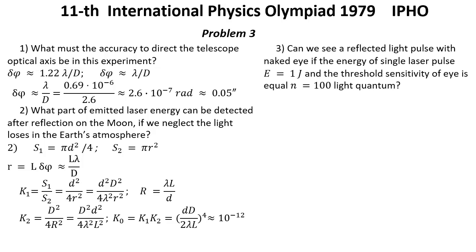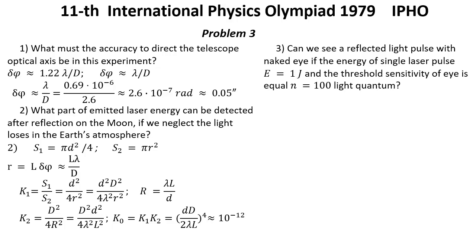Question number 3. Can we see a reflected light pulse with the naked eye if the energy of the single laser pulse E equals 1 joule and the threshold sensitivity of the eye is about 100 light quanta? Solution.